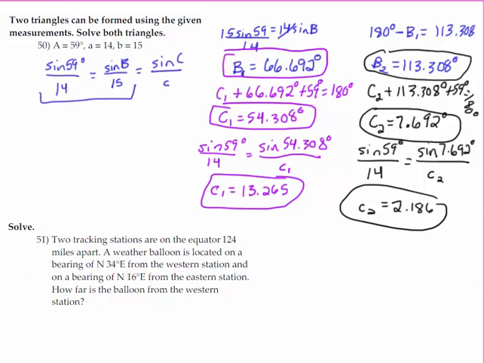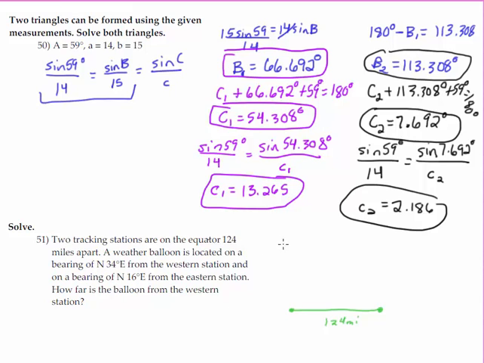51. Two tracking stations are on the equator, 124 miles apart. So the equator in general is like a horizontal line that runs from west to east. And so these stations are 124 miles apart. A weather balloon is located on a bearing of north 34 degrees east from the western station.